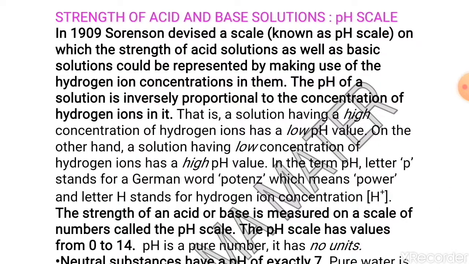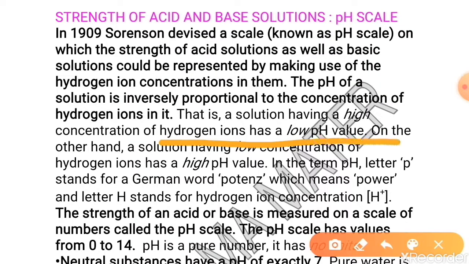It means that the higher the concentration of hydrogen ions, the lower will be the value of pH. We know that when an acid is placed into water, during the process of dilution, an acid releases H positive ions. If an acid is releasing more H positive ions, it means that the acid is very strong. And if the acid is very strong, then it will have a very low pH value. Now it must be clear to you, students.